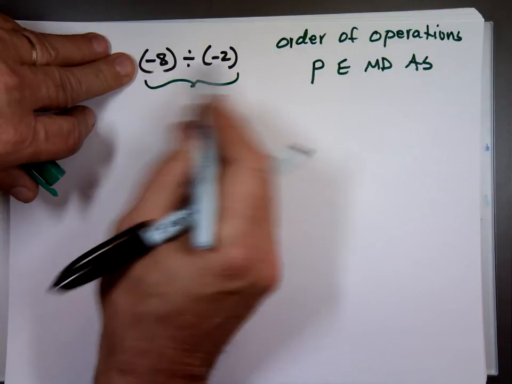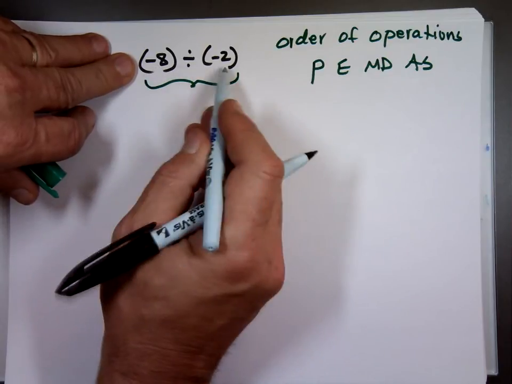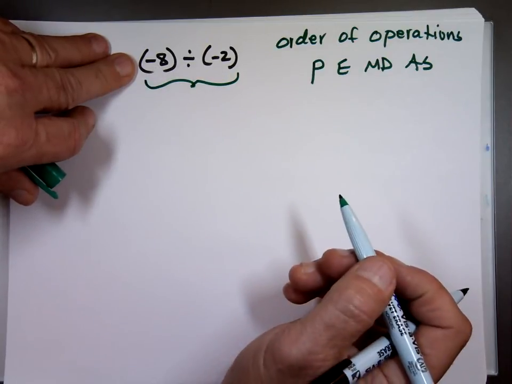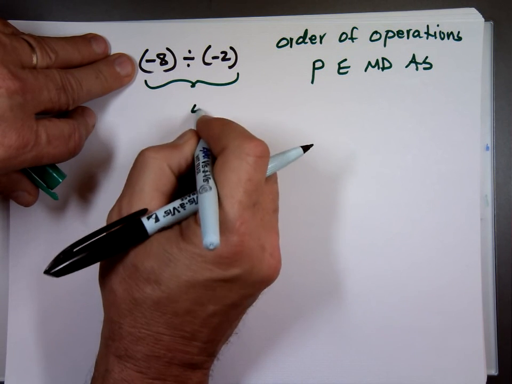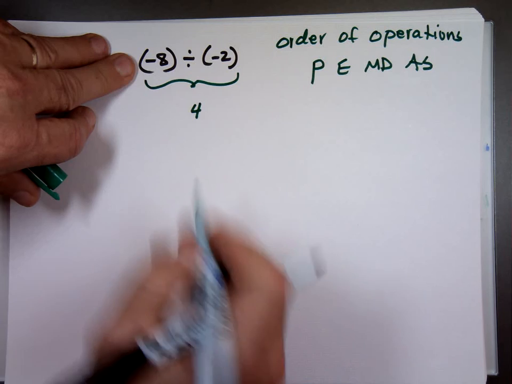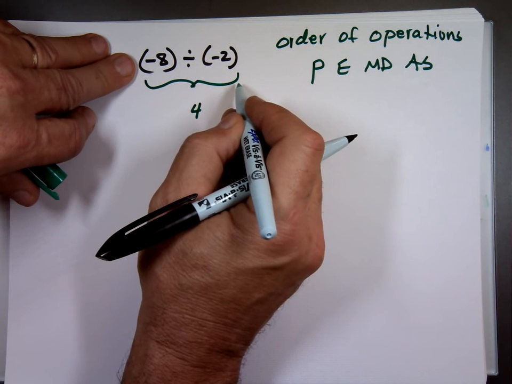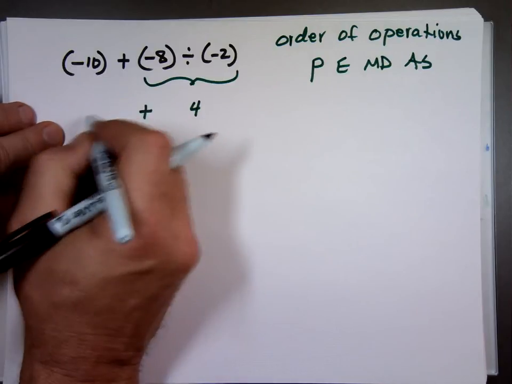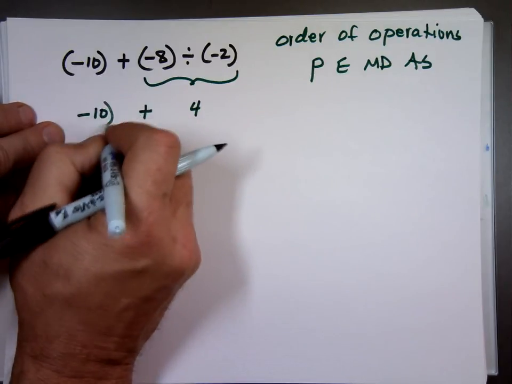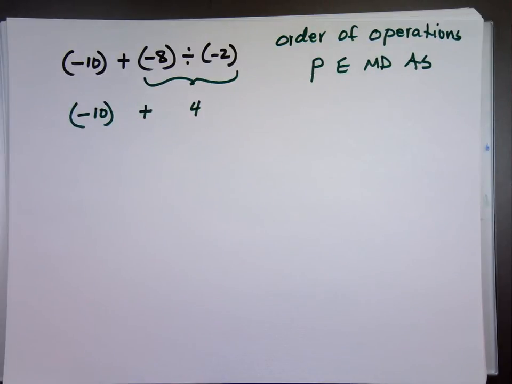Same sign when you're dividing, the result is what? Positive. 8 divided by 2, which is what? 4. So the answer to this is 4. Let me bring the rest of the problem. There's the plus sign. There's a negative 10. You're adding different signs.